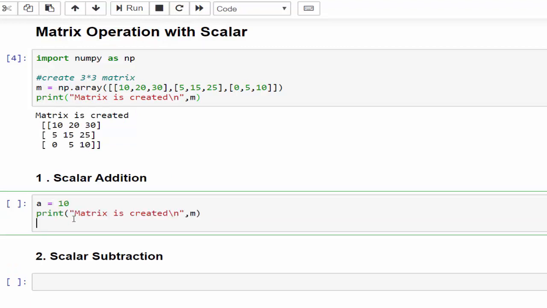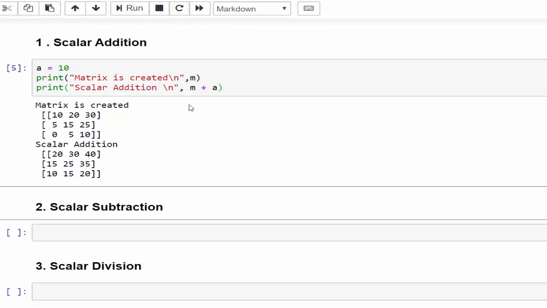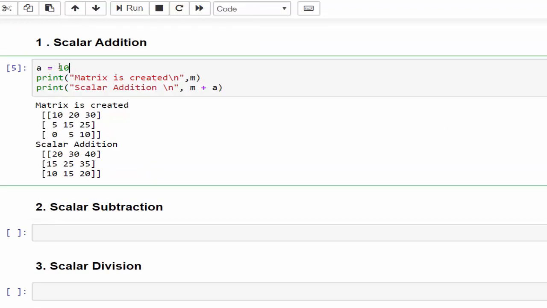Once again I want to print matrix M. To this matrix I am going to add the scalar value A equal to 10. Scalar addition will be M plus A. Now the value 10 will be added to each element of the matrix. So executed, you can see here the value 10 is added to 10.